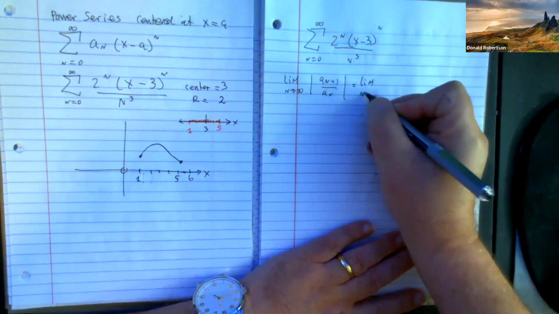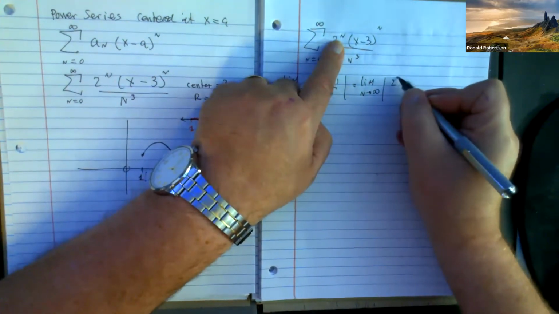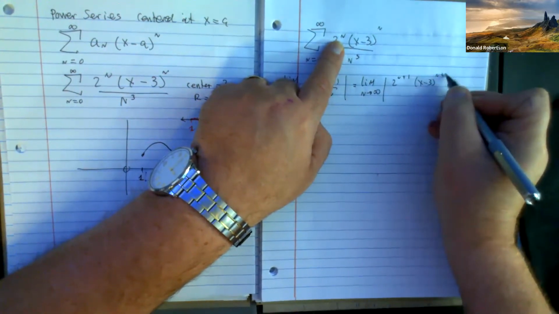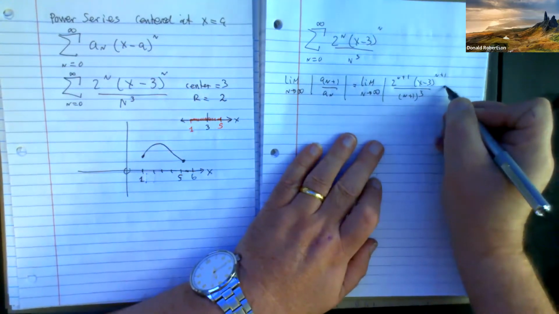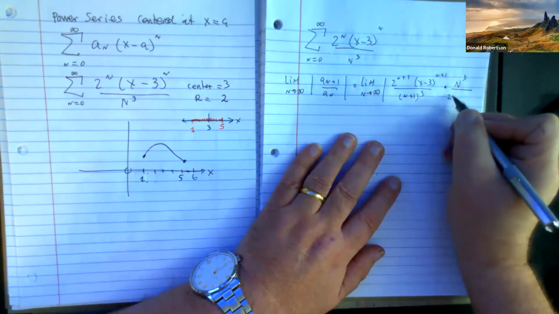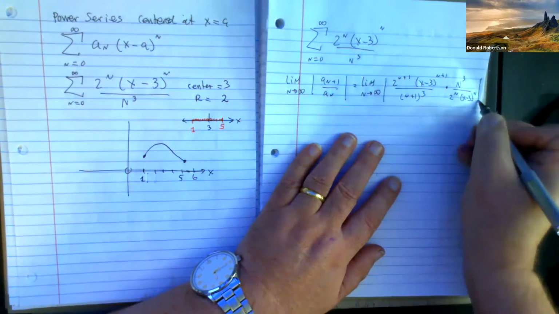So it's going to be the limit as n tends to infinity. Plug everybody here, replace them by n plus 1s. And then turn them upside down and replace them by n's.